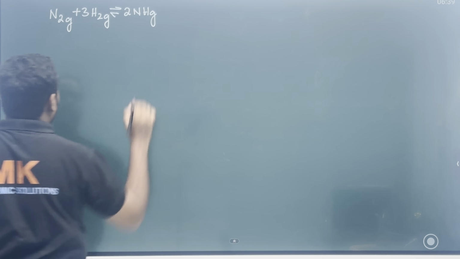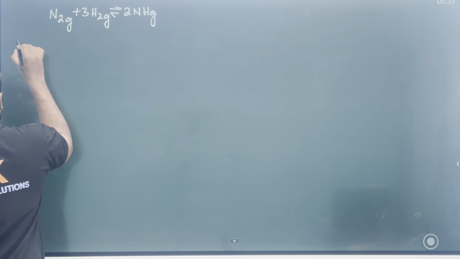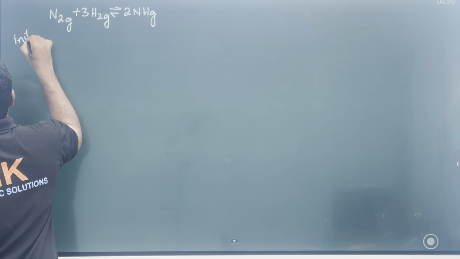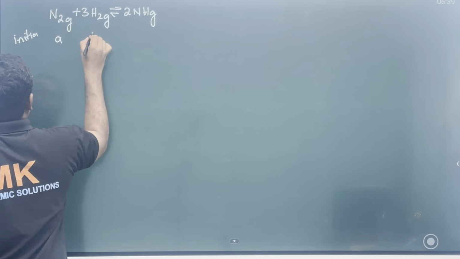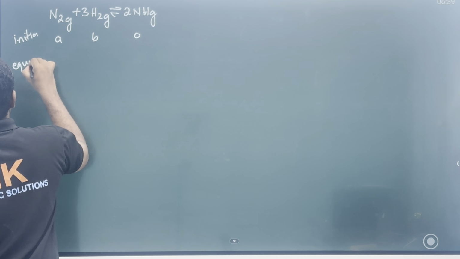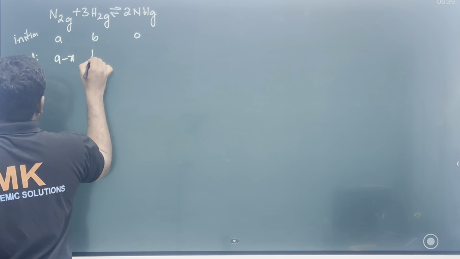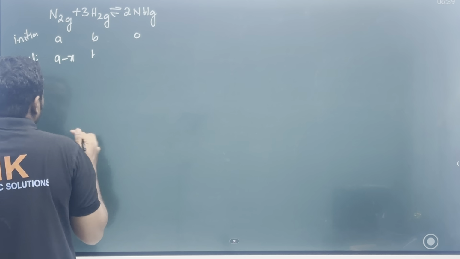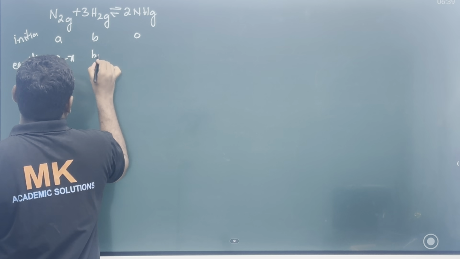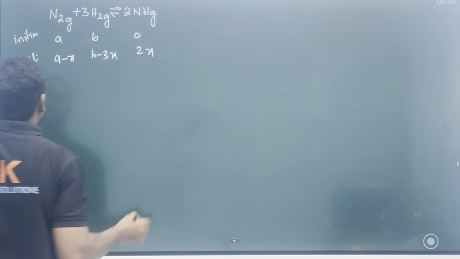Okay, so now remember initial number of moles A and B, and here it is 0. At equilibrium what will we get? A minus x, B minus 3x, and it is 2x.